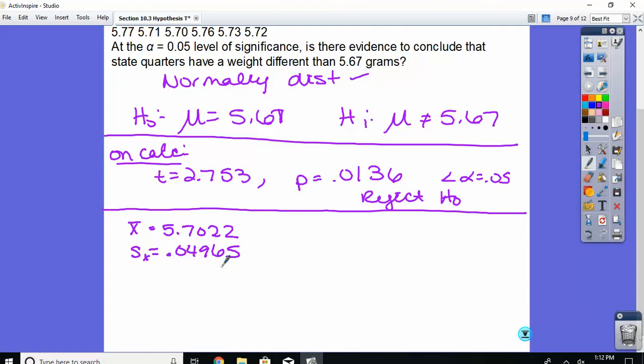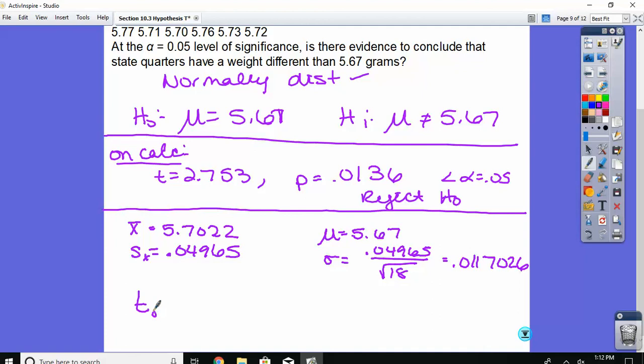So now, for calculating, we will use the 5.67 for our mu. The standard deviation, we do this standard deviation divided by the square root of n, which was 18. Which gives us a 0.0117026.